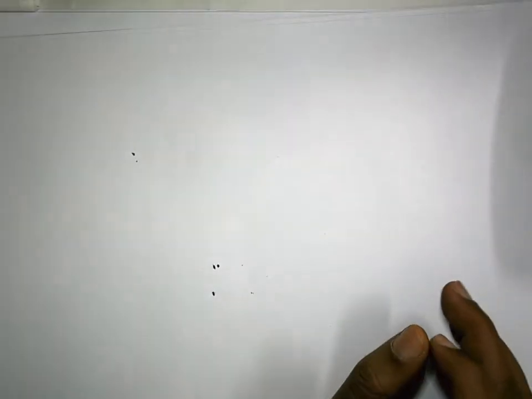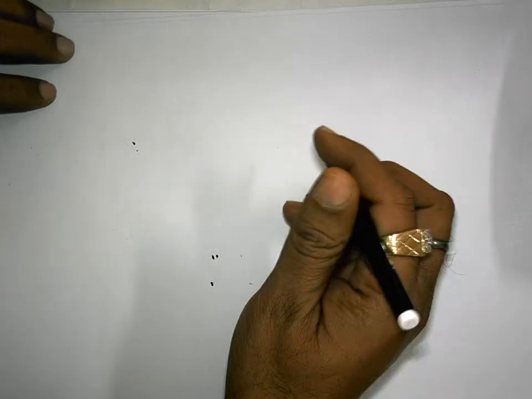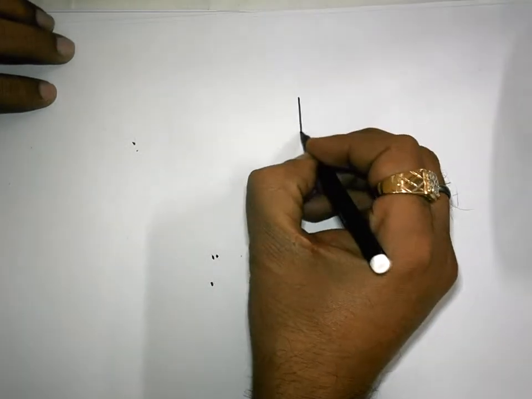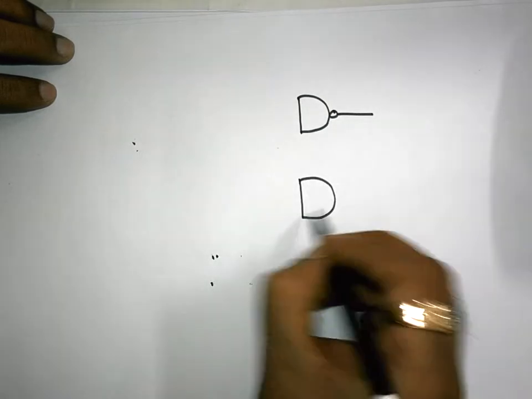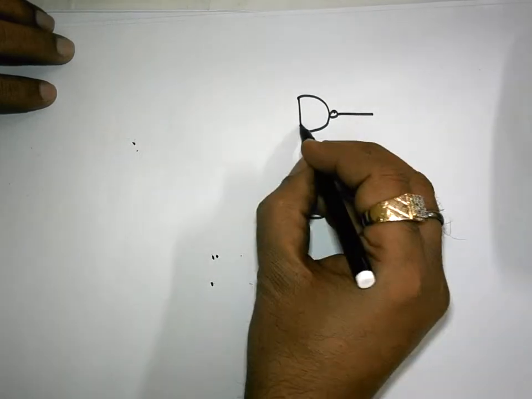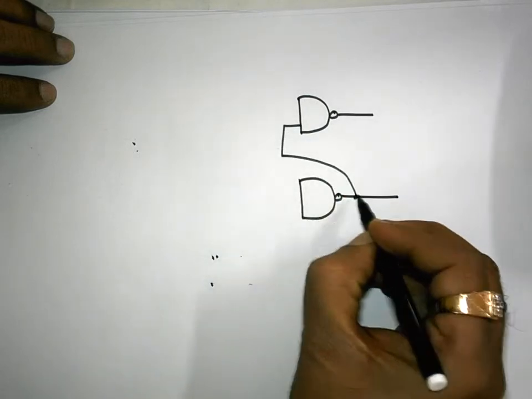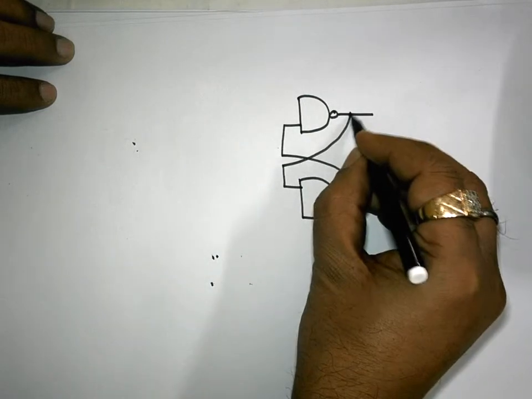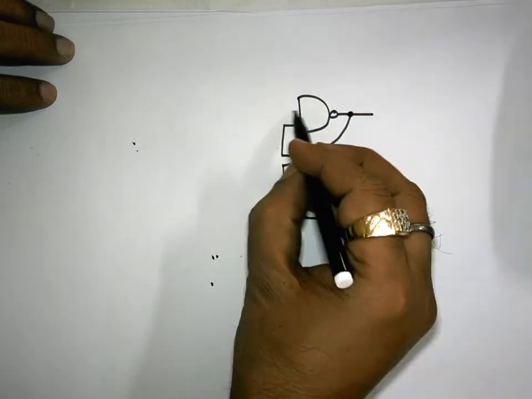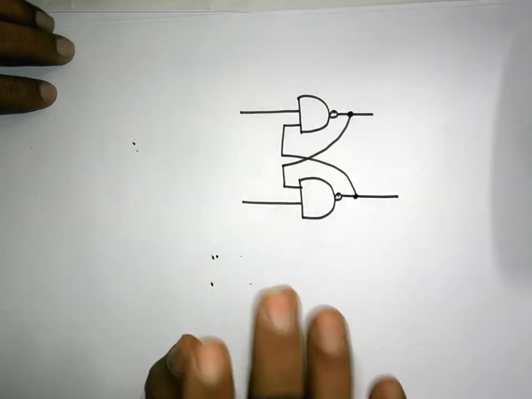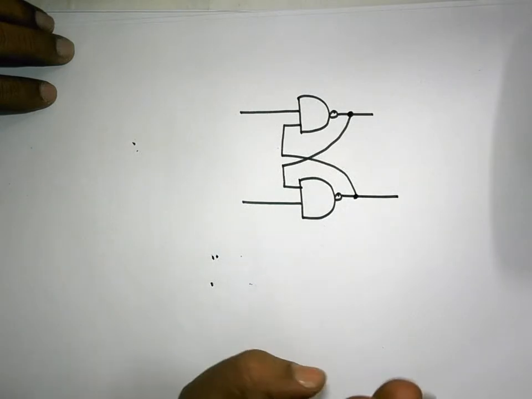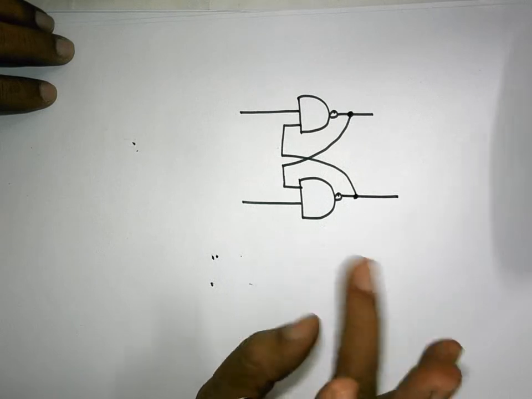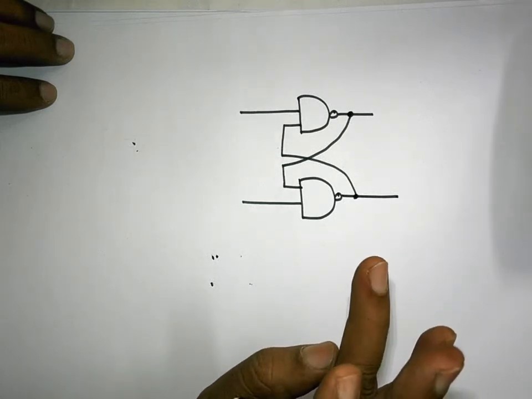Now once again I am coming to the JK flip flop. What was there in JK flip flop, if you recall? You see, this SR latch is present in all your flip flops. Maybe it is D flip flop, maybe it is SR flip flop itself, maybe it is JK flip flop, or maybe it is a T flip flop.